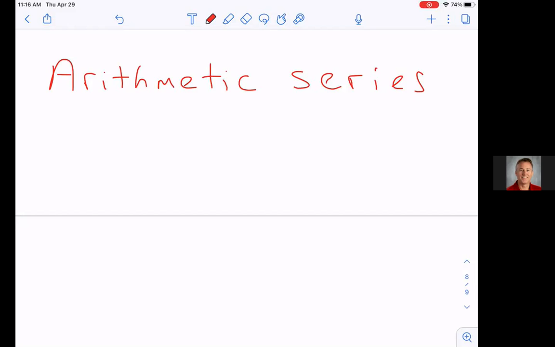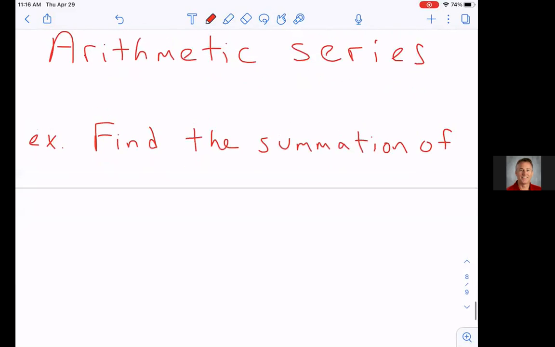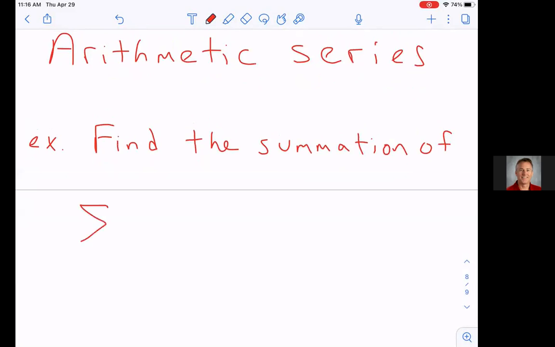So this would be an example of a question that we might have. If we want to find the summation of this. Let's say we had a summation, and on the bottom, I'm going to put n equals 4. On the top, I'm going to put 50.